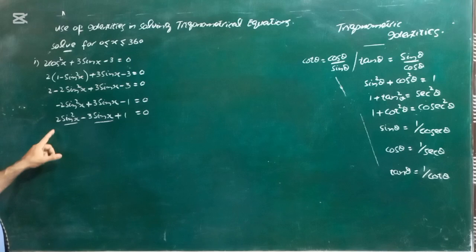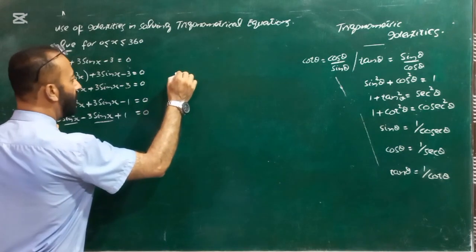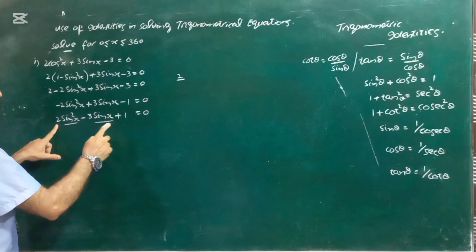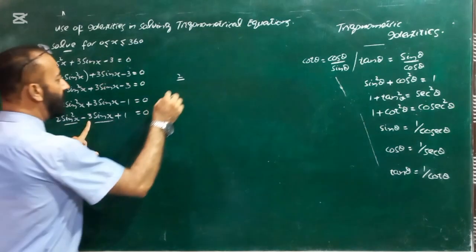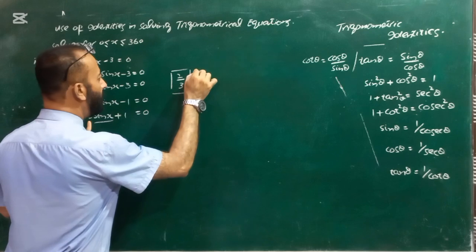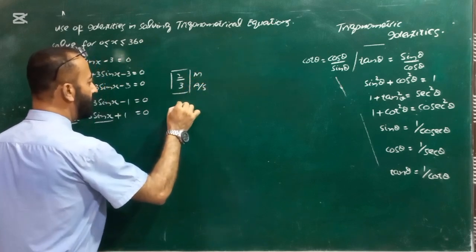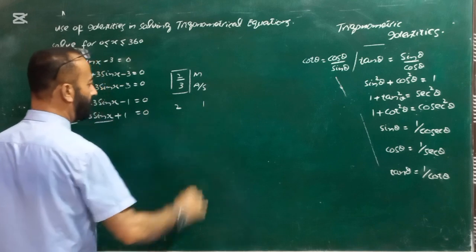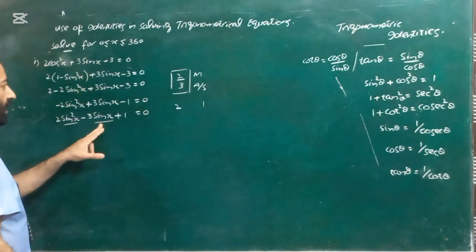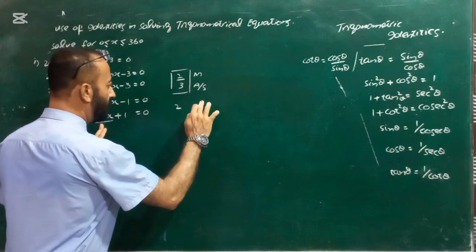So look now, multiply the coefficient of the first one with the last one, that is 2, and the central coefficient is 3. So think of a pair of numbers whose multiplication equals this one, addition or subtraction equals this one. So these will be 2 and 1. Write the central coefficient, that is sin x, with both of these values.